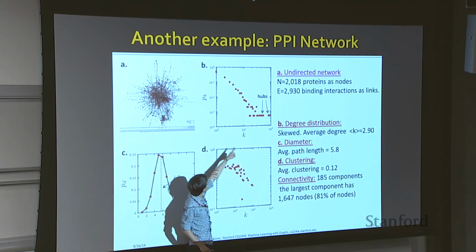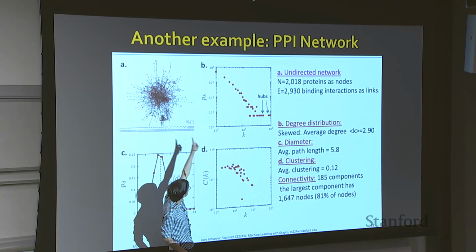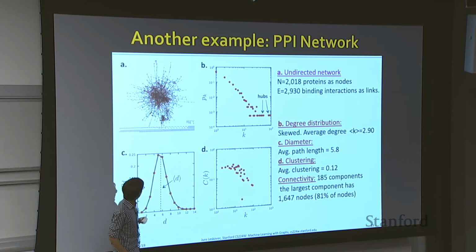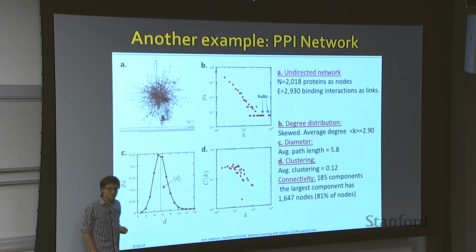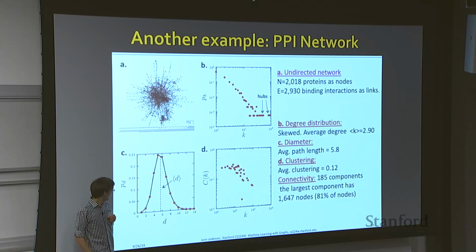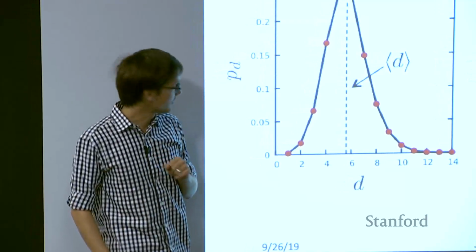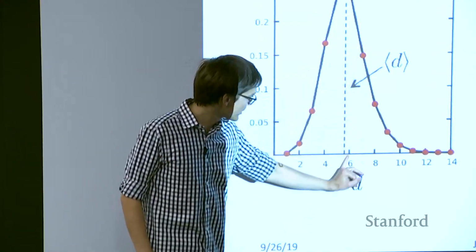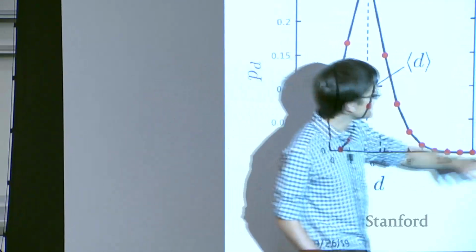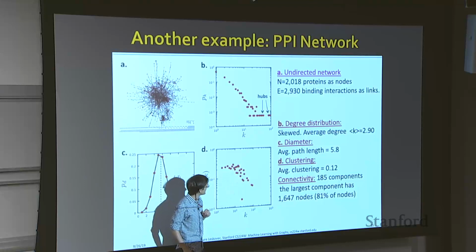This is the degree distribution on logarithmic axis, and it looks similar to what we had before. Here is the distribution of shortest path lengths, something very similar to what I showed you for Microsoft Instant Messenger. Here, the average shortest path length, I think, is 5.8 or something like that. And this is the distribution of clustering coefficient.